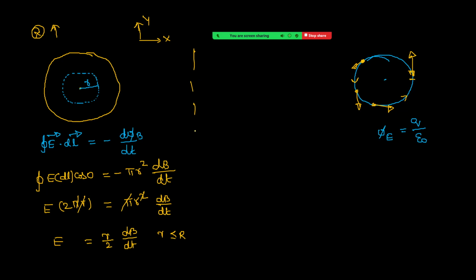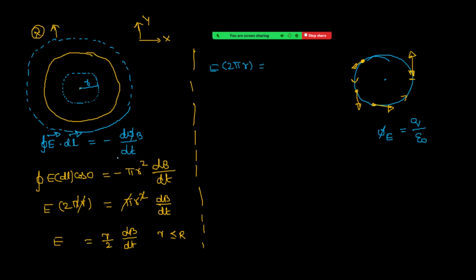Suppose this r is now greater than capital R, that means we want to find the field outside. Then see what we are doing. Then we are taking the loop like this. So we want to calculate now outside that cylindrical region, so we take the loop like this. So again, it is E into 2 pi r, that is equal to, coming to the right hand side, this value.